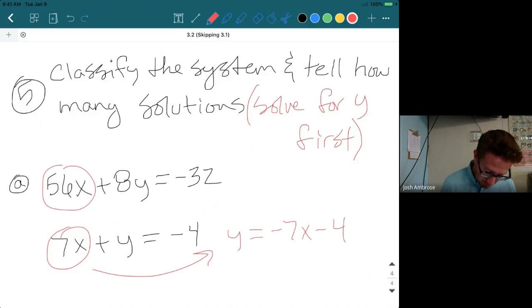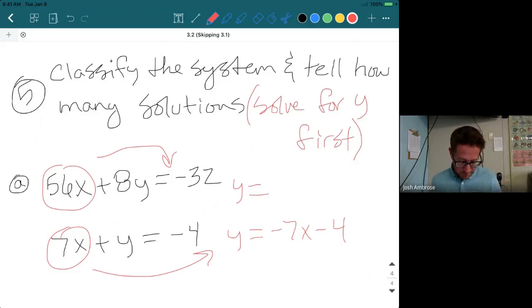Take this guy, move it over here, and then everything's going to be divided by 8 because we got to isolate y. So now we're going to get y equals, let's see, that 56 is going to become a negative -7x, and then that 32 is going to be divided by 8 also, and that's going to be a -4.